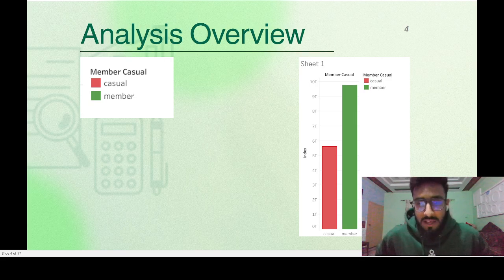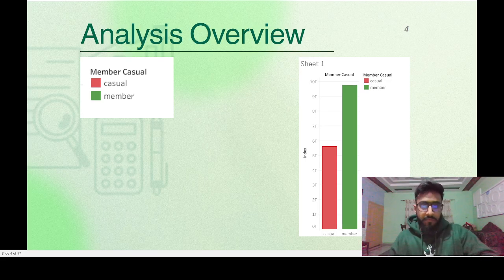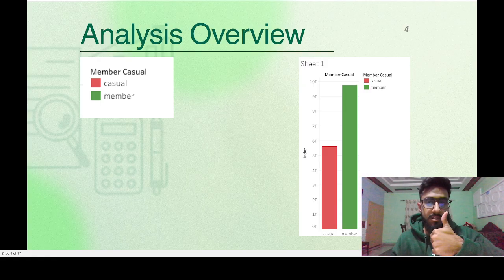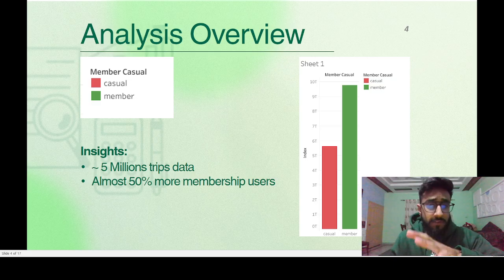Anyways, by looking at this graph, we can see a significant difference in the number of membership users versus casual users, almost 50%, almost double.